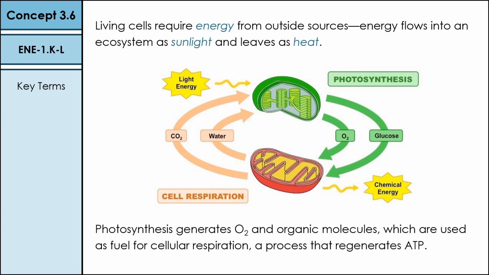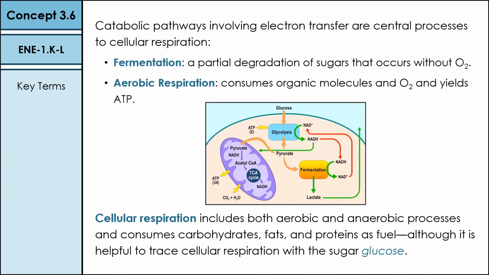When we look at cellular respiration, we are going to break it down a little bit further because there are a few different catabolic pathways that are involved. We're going to mention a few of these now and then come back to them at the very end.